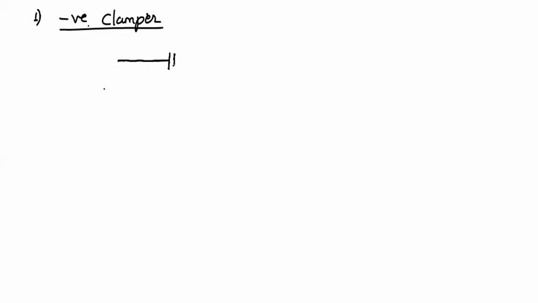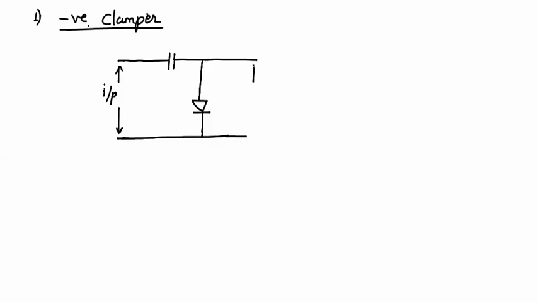This is a very basic circuit of a clamper, for which we have used a series combination of a diode and a capacitor, and we are expecting a clamped output across this diode.